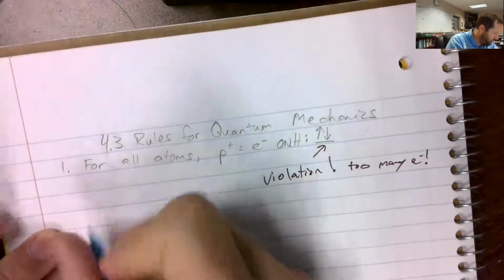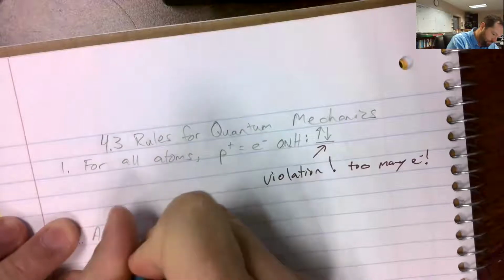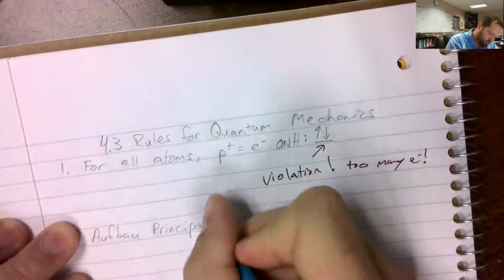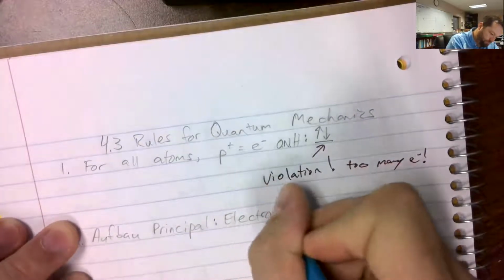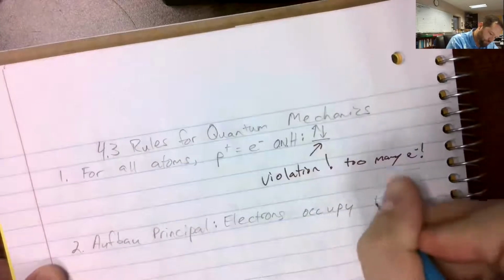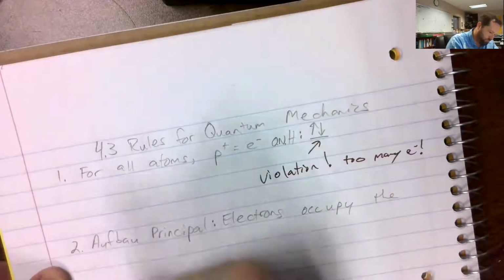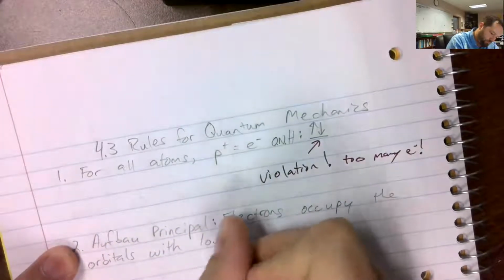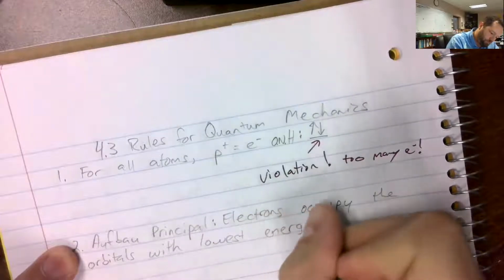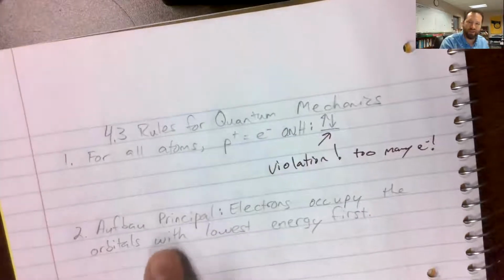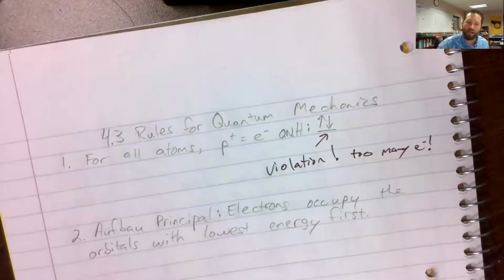Rule 2 is called the Aufbau principle. Aufbau said his rule was that electrons always occupy the orbitals of lowest energy first.